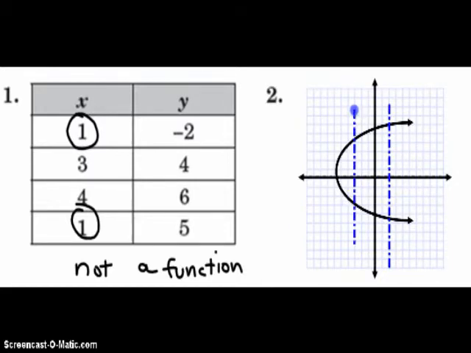You can draw a couple if you want, and look to see if the line that you have drawn crosses your graph in more than one spot. So in this case, I have the line intersecting the graph right here and right here.